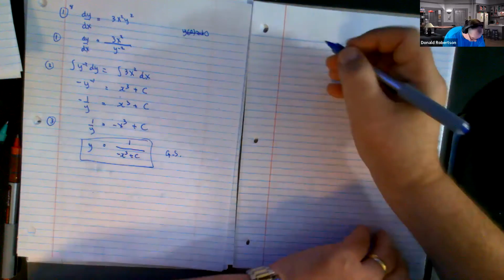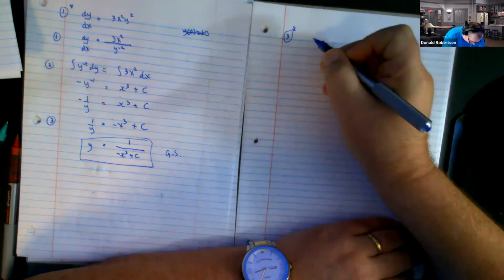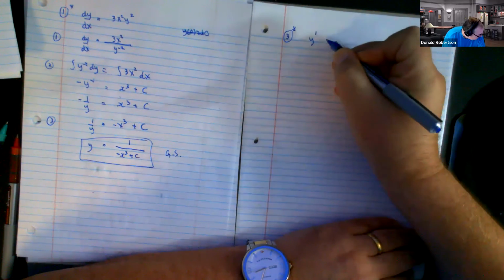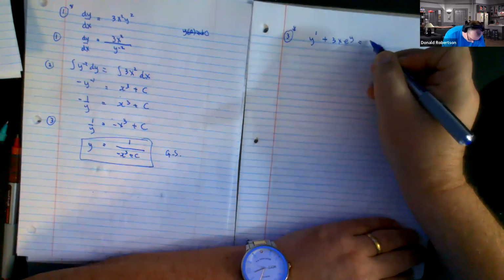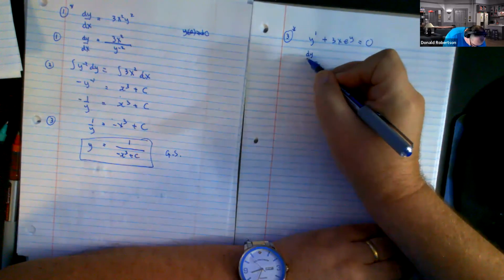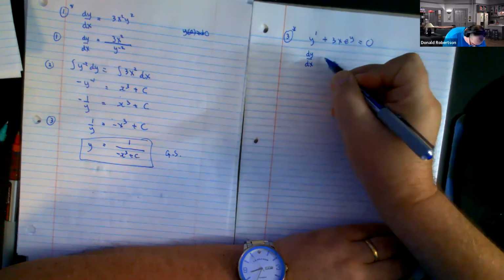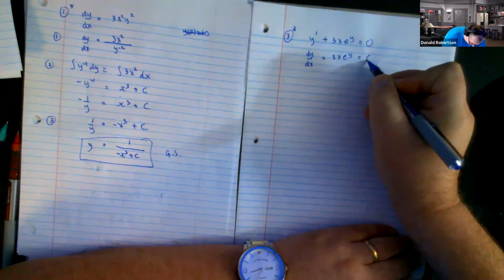Okay, let's try another one. Let's do this fella. Y dashed plus 3x e to the y equals 0. Well, for starters, I don't use y dashed. That notation is not helpful in solving this equation.